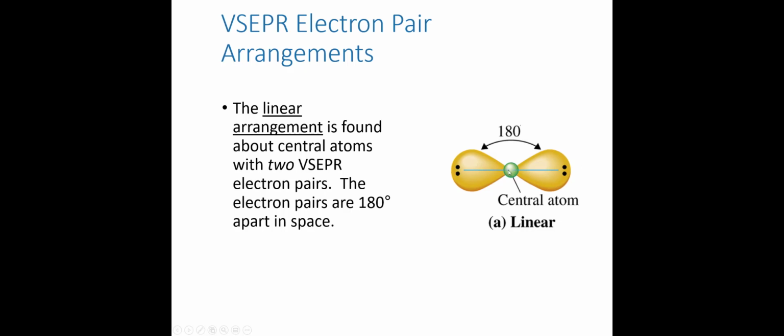These 2 must be atoms, because by definition, to be a central atom, it must be bonded to 2 atoms. So I don't want you to think of these as lone pairs, even though they look like them. So what we're just showing here is that these electrons are being shared with another atom. So we call this electron pair arrangement a linear arrangement. And the 2 groups are 180 degrees from one another.